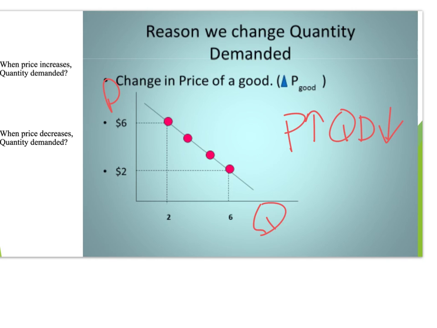So in this case, if we were to raise the price from $2 to $6, we would end up buying 4 less and moving from 6 quantity demanded to 2 quantity demanded. And likewise, when price falls, quantity demanded increases. So the inverse relationship, that's the law of demand.